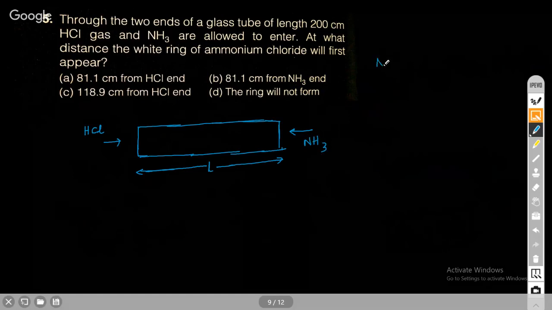So when these two react, NH3 plus HCl, we'll get NH4Cl. What kind of reaction is this? Can you tell me?